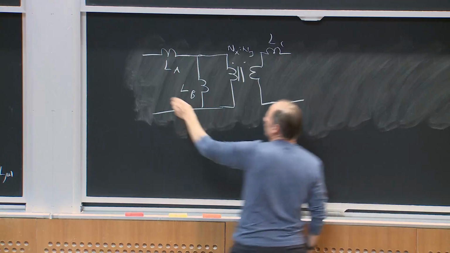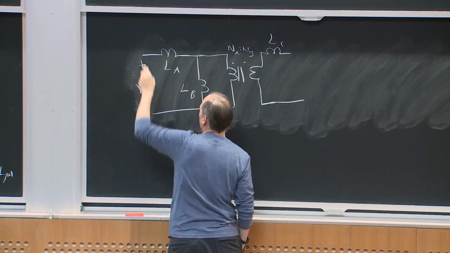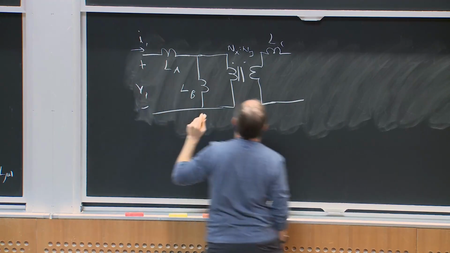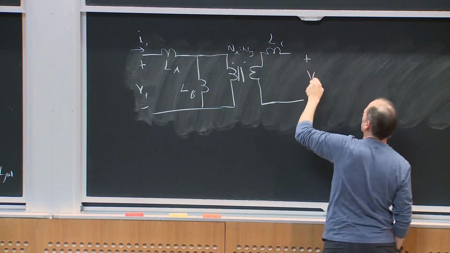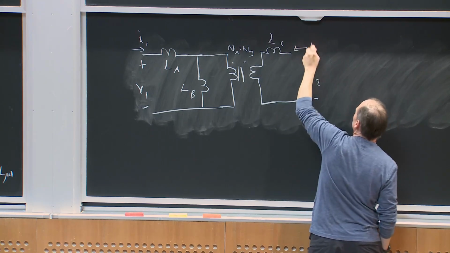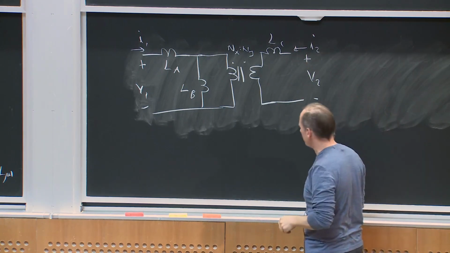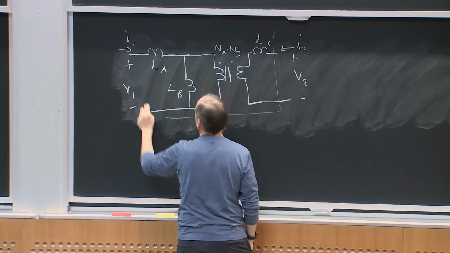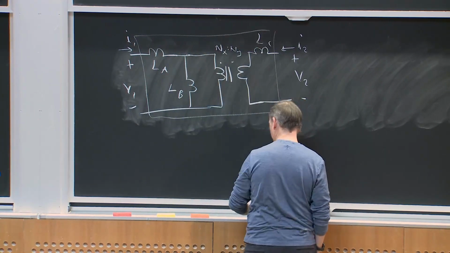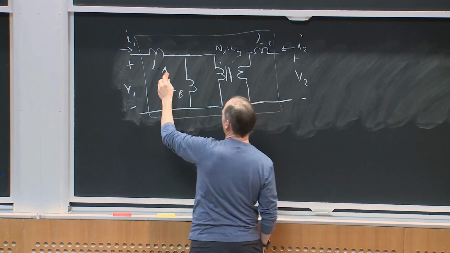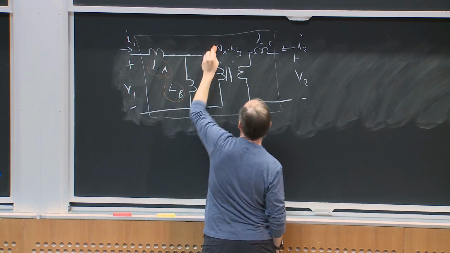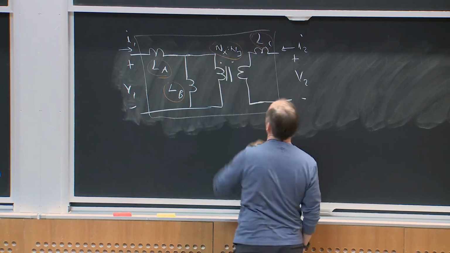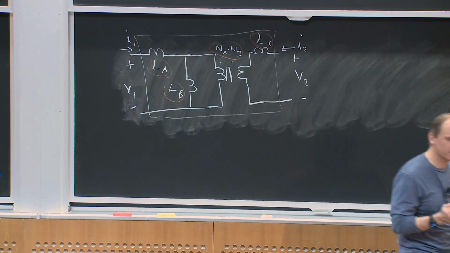And I would call this V1 and I1, and this V2 and I2. Okay? And now, if I put this in a black box, I can just say, okay, I'm not going to worry about whether this physically represents things, but now I have 4 parameters to play with, and I can use those 4 parameters any way I want.